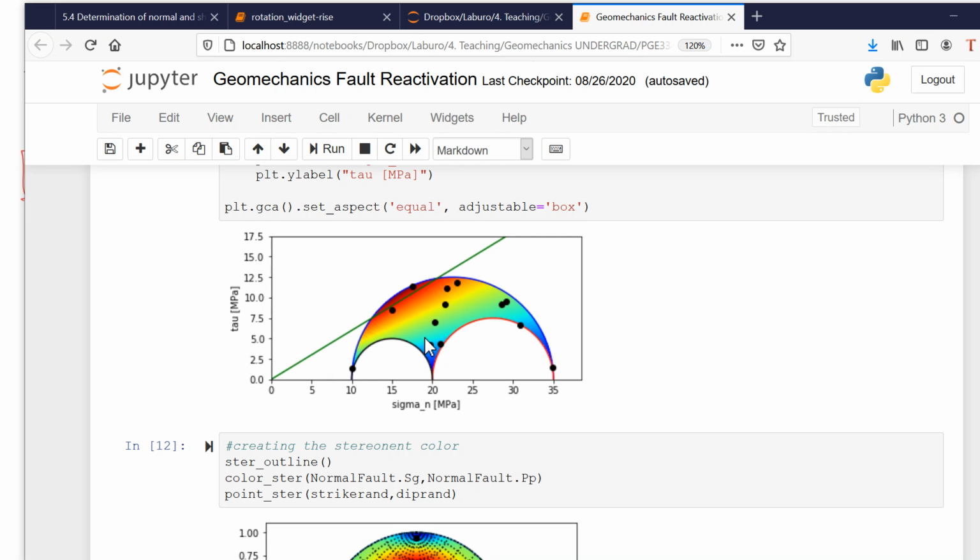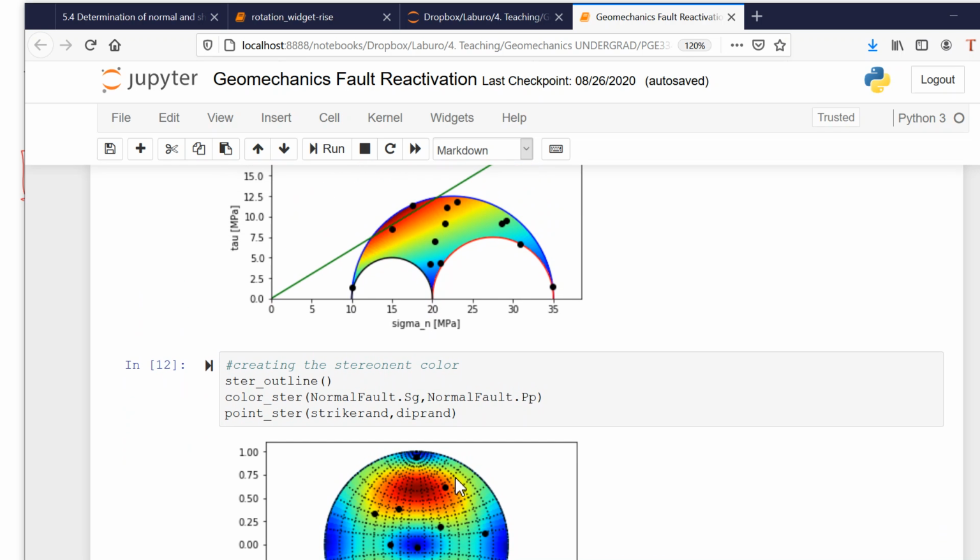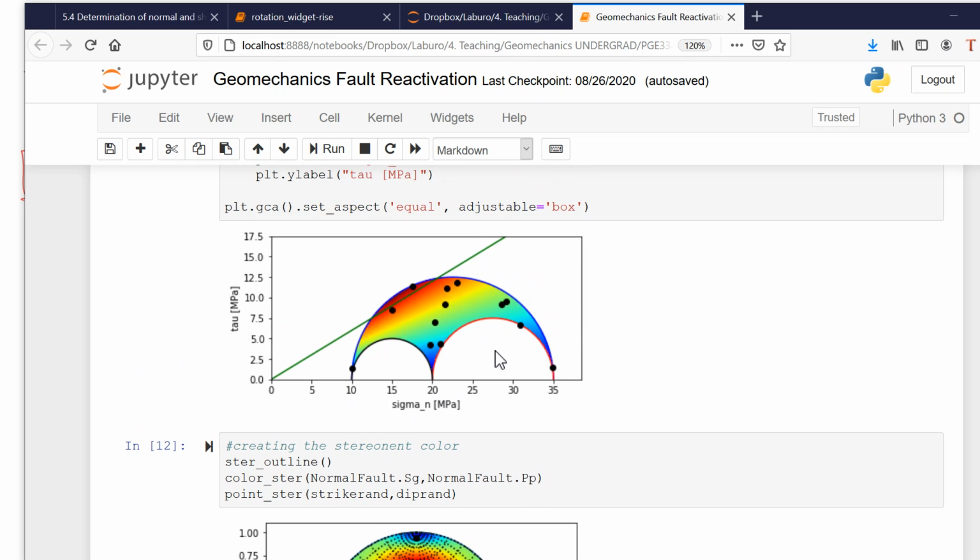And later we're going to combine this with the stereo nets that tell you what is the orientation of the fault to further understand what that means in terms of fault or fracture reactivation. All right, now this is it.